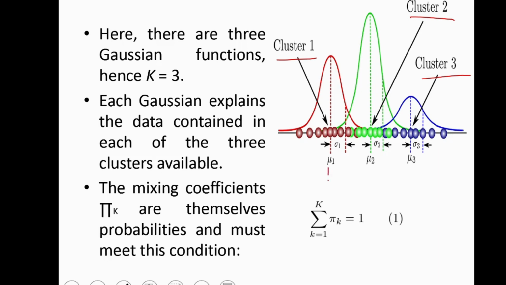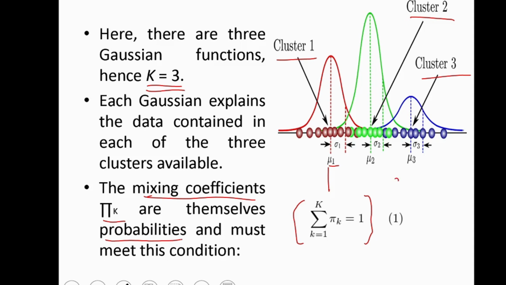That depends upon the mean and the standard deviation, as we have seen in the previous slide. Here there are three clusters, so k is equal to 3, and how much it is mixed is given by the mixing coefficient pi k, the probability that it belongs to one cluster.